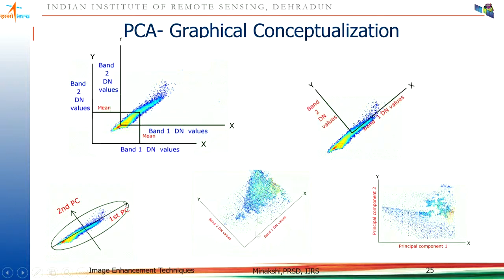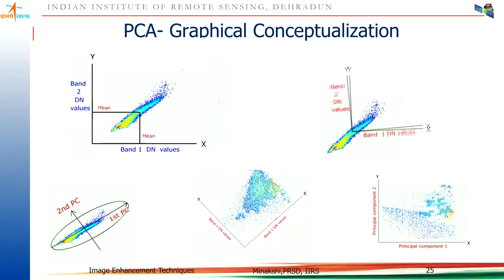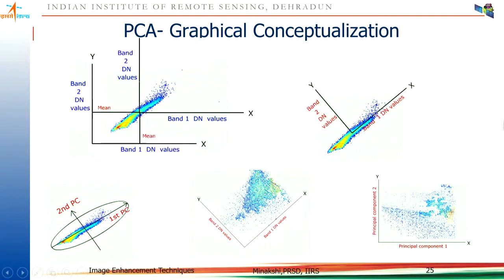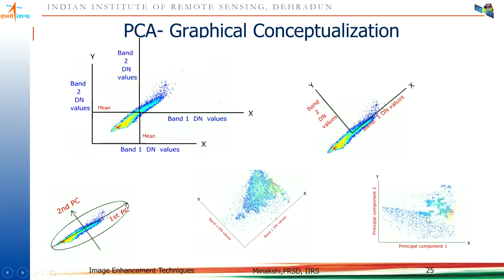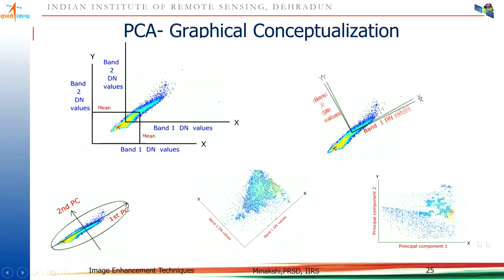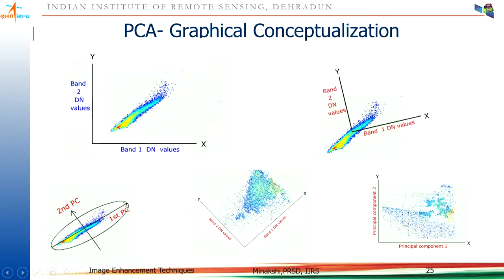Then after I have multiplied with the x component rotation and the y component rotation, my DN values get spread, the data becomes uncorrelated. Now we call them principal component 1 and principal component 2. So this is the principal component analysis technique to transform this highly correlated data set into an uncorrelated data set.